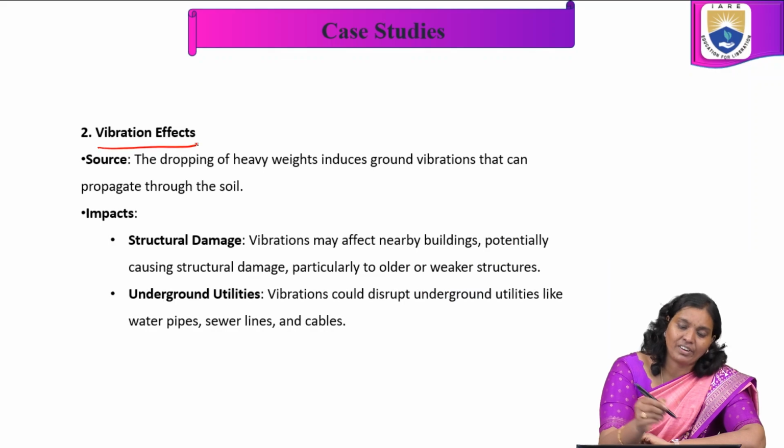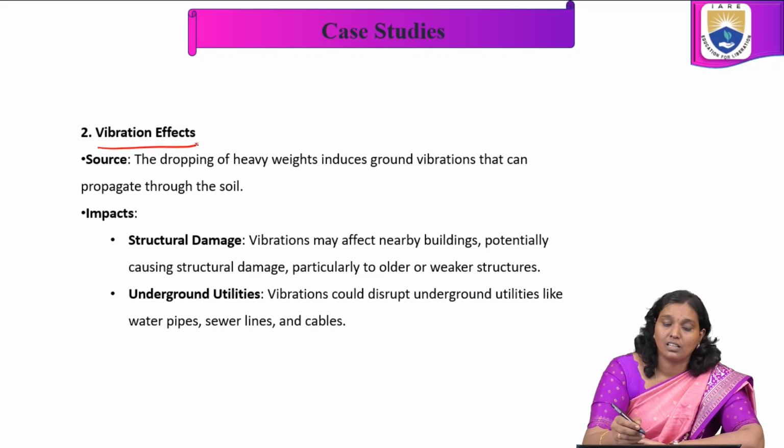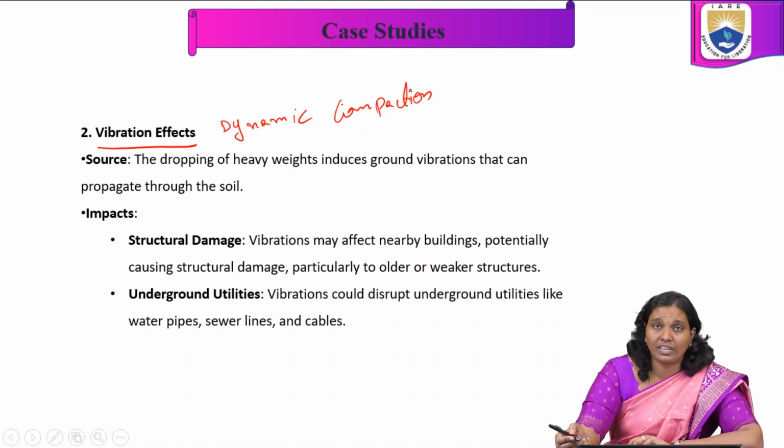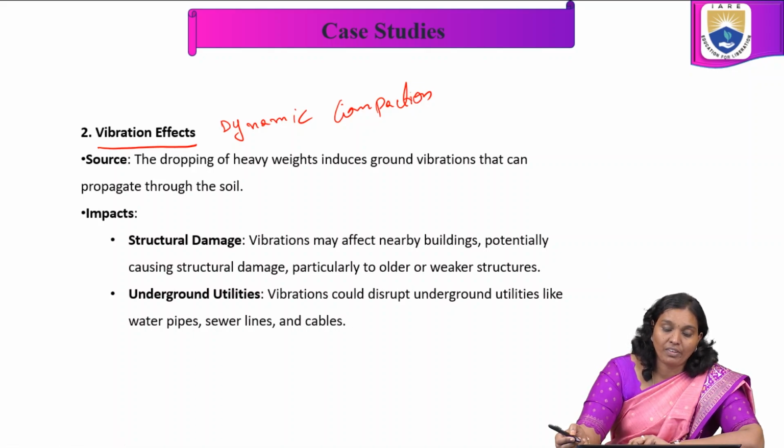Next, vibration effects in dynamic compaction. In this ground improvement technique, after noise, we may observe vibration effects because the dropping of heavy weights induces ground vibration that can propagate through the soil.